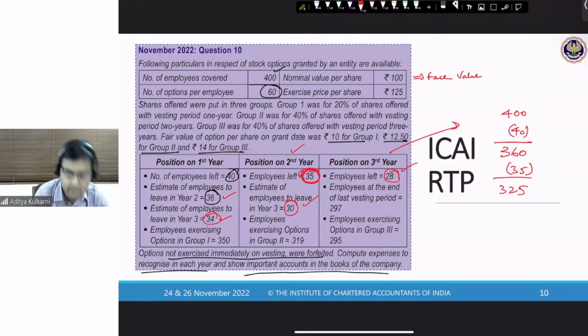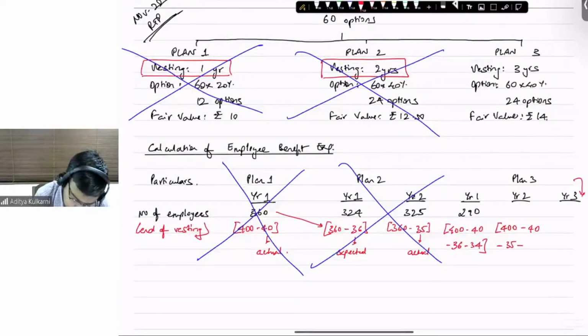Am I going to take 34? No, 34 is the estimate at year 1's end, which you had made for year 3. अभी तो year 2 आ गया ना, so you would have gotten additional information. आपको ज्यादा मालूम पड़ा होगा. And at the end of year 2, you now think that, sir, 34 नहीं जाएंगे. Only 30 are going to go. So what is going to be left is 295. So minus 30.